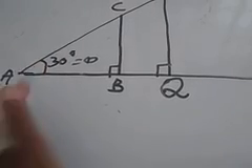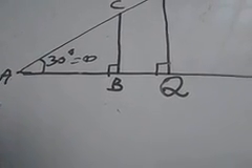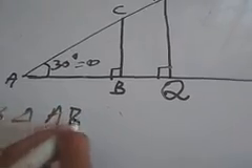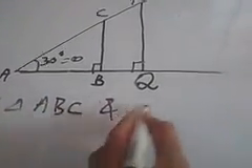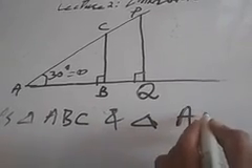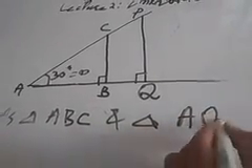Triangle ABC and triangle AQP are similar triangles.